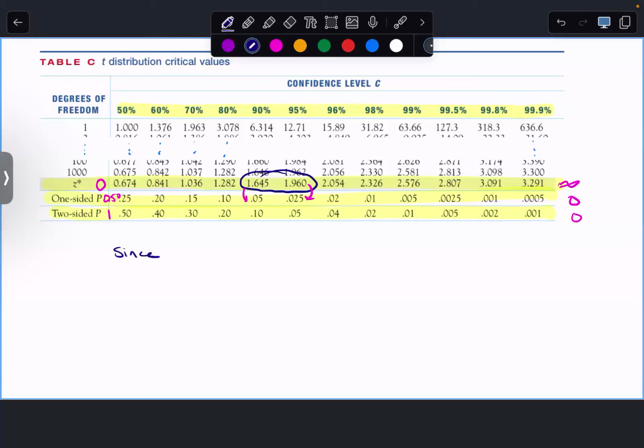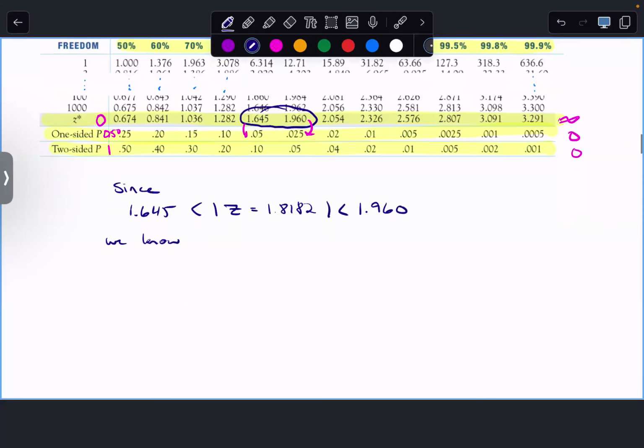Since the absolute value of Z equal to 1.8182 is between two values, 1.645 and 1.960, we know the one-sided P is between two values, and we read those from right to left, right?